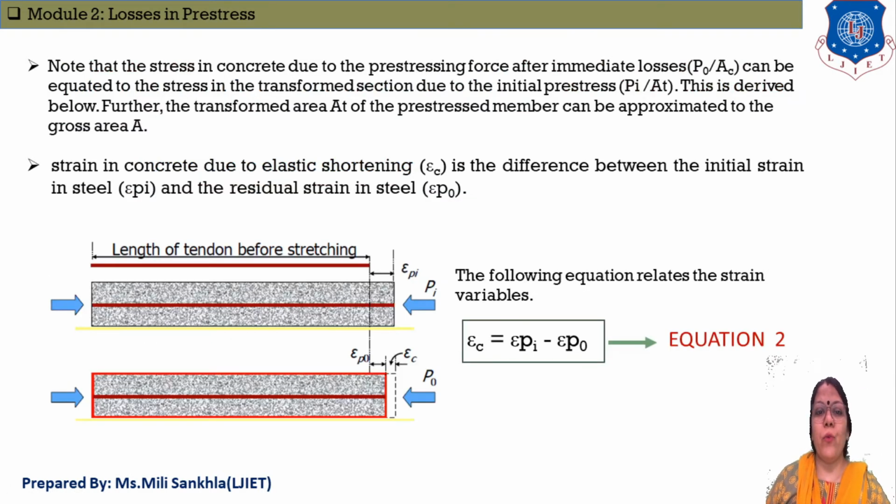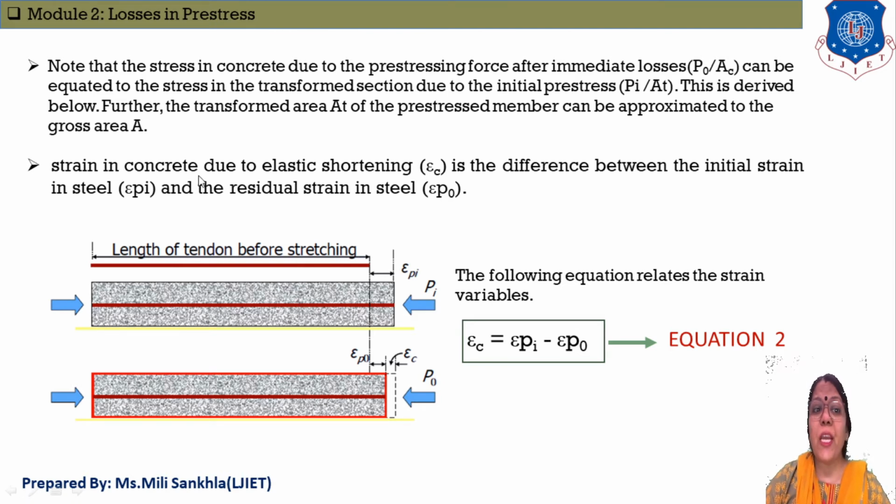Now our aim is to find the loss, and the loss depends upon strain. In the first image, strain is induced in the prestressing steel. The main target is to find the total strain in our concrete section.